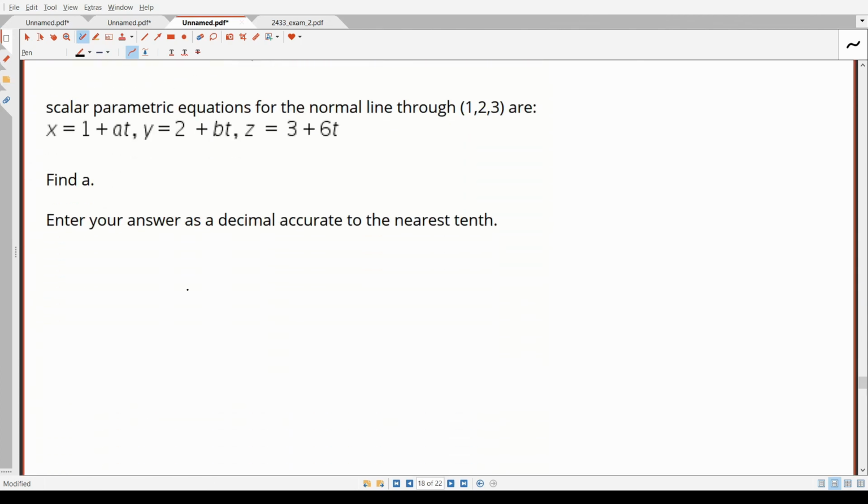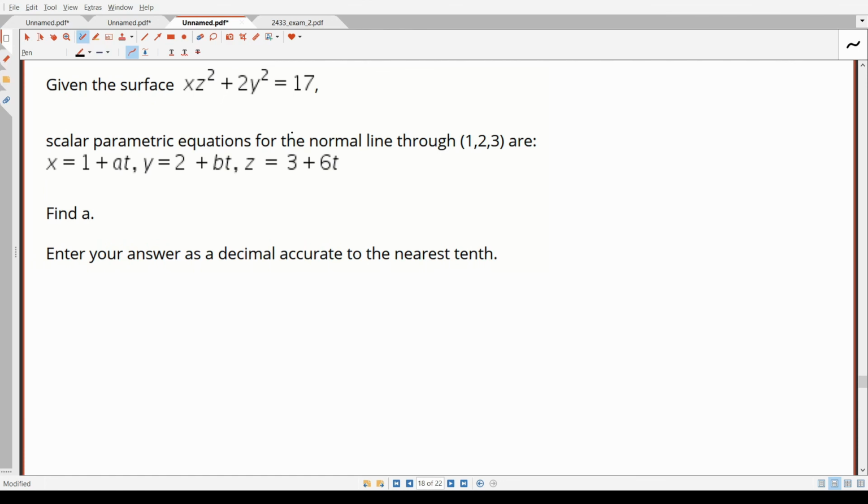Okay. Getting close to the end. Scalar parametric for the normal equation through the line. Okay, so this one, again, it uses the same function, but now it wants the normal line through that point. And we write the parametric equations this way. Okay, so if you remember, these are the components of the direction vector for this line.